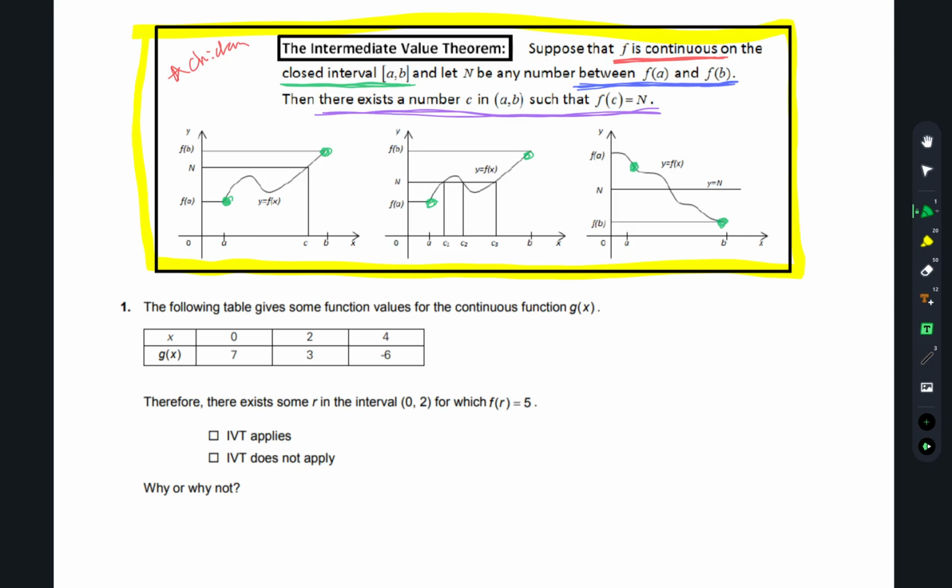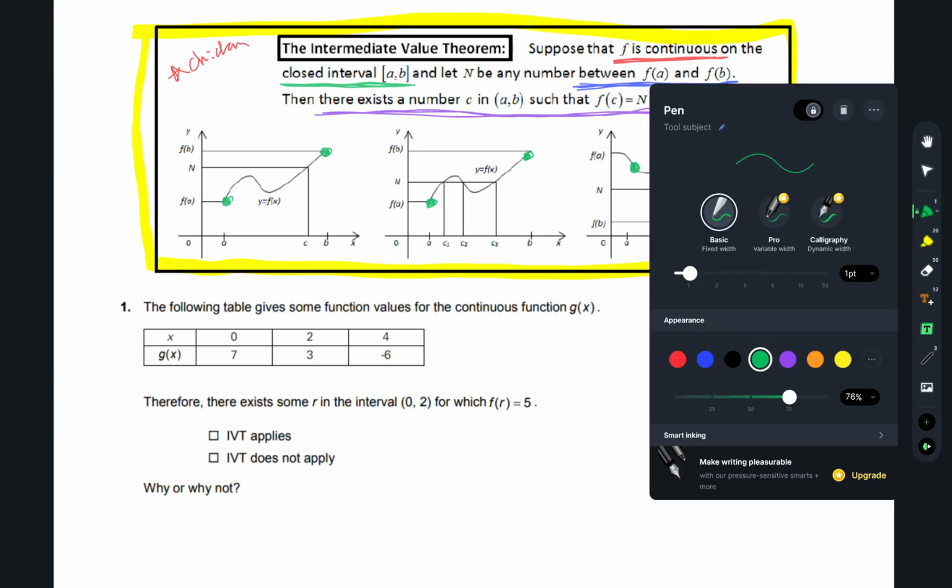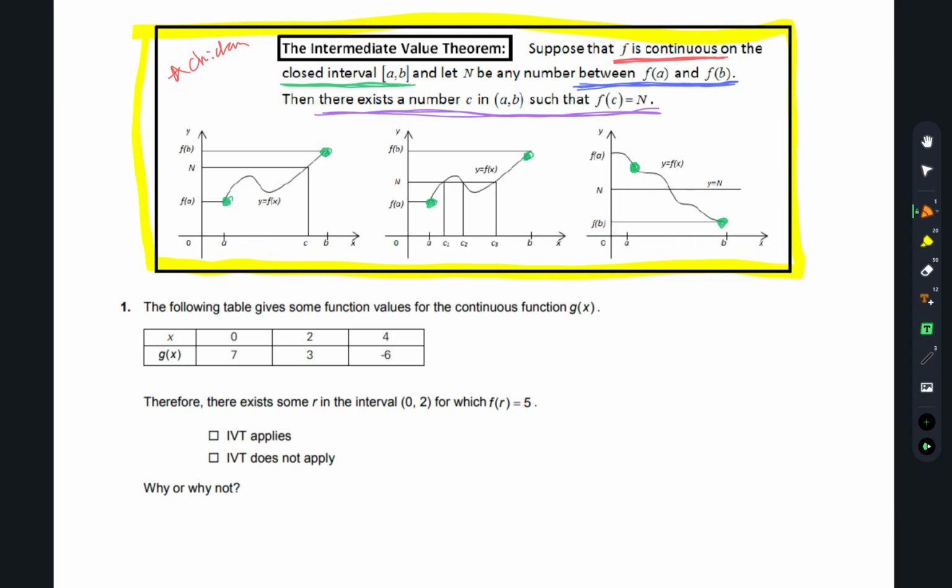So there's your chicken. You're going to have two endpoints, and that'll be your interval. Then they're going to tell you where your road is. What color do I want for road? I'll do orange. Now you have to figure out where your road is.